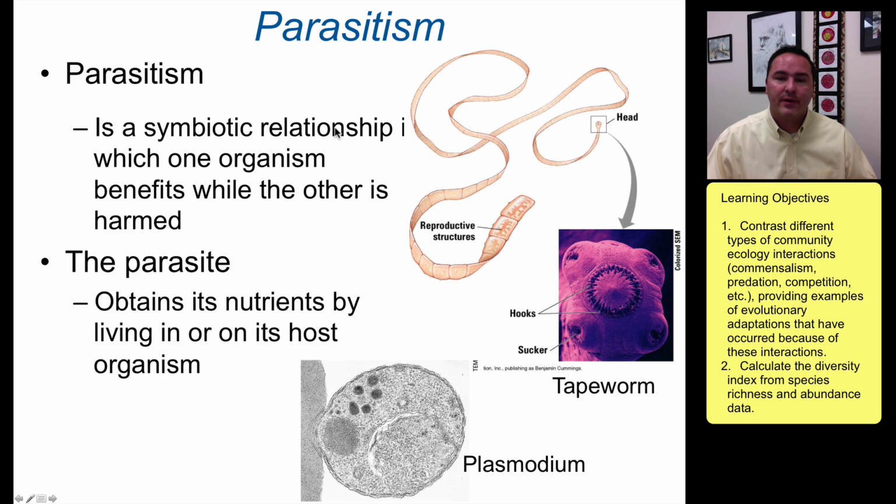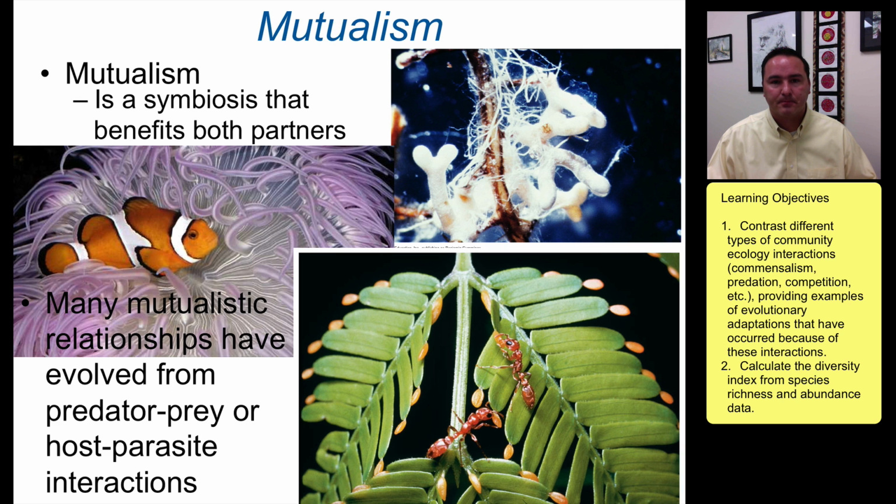Parasitism is another type of interaction that happens. Parasitism can be like this tapeworm or this plasmodium. The parasite lives inside of the host and obtains its nutrients from the host. Mutualism is where organisms both benefit, like in the case of Finding Nemo here, the clownfish and the anemone.